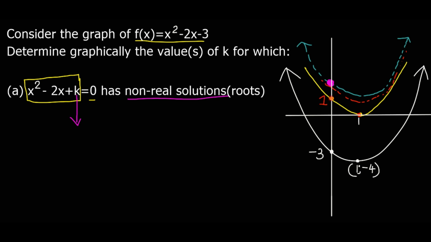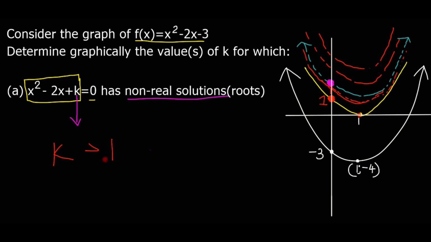So it means that if this value of 1, our y-intercept, goes above, then k must be greater than 1, because if k is greater than 1 our graph will be somewhere here or somewhere here. It doesn't matter for this case, because what is important is that k must be greater than 1, so that our graph is above the x-axis. So when it is above the x-axis, the y-intercept will not be at 1, it will be somewhere above 1.